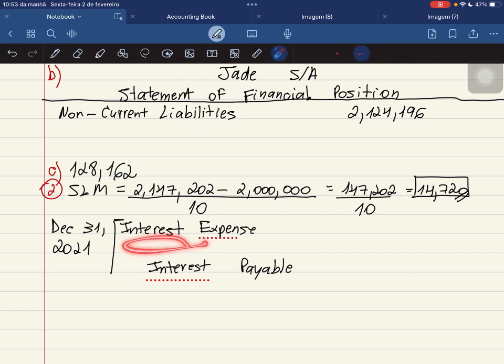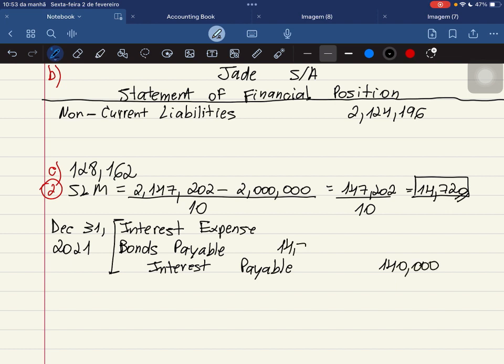This amount over here would not come from the table anymore, it would come from this calculation that we just made. So we would have 140,000, 14,720. And again, that gives us 125,280. And that's how you solve this exercise.